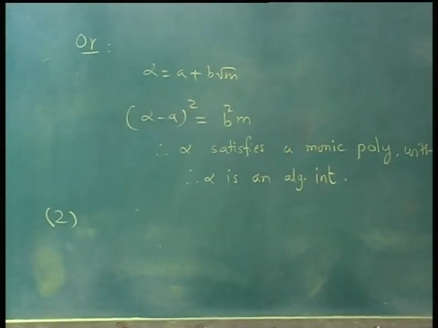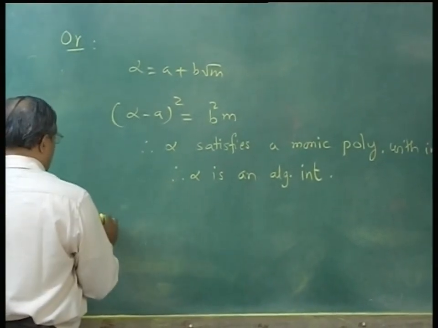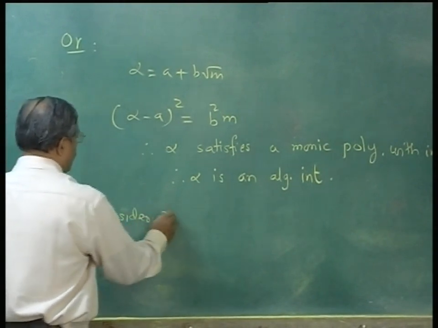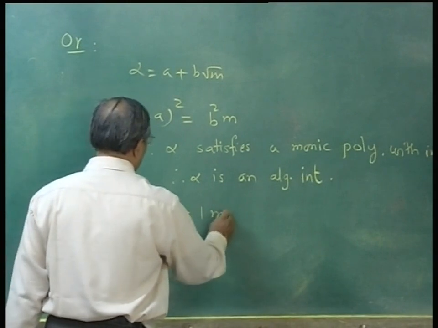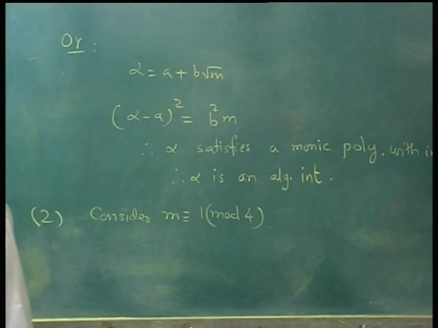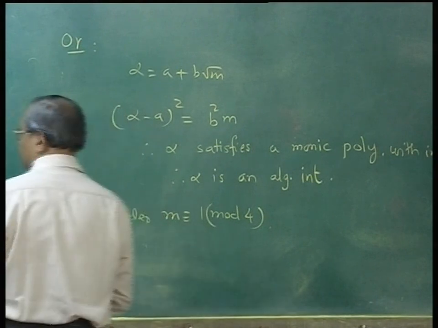Second thing is, what happens if m is congruent to 1 mod 4? Now consider the following polynomial.